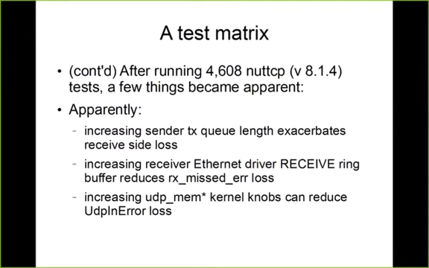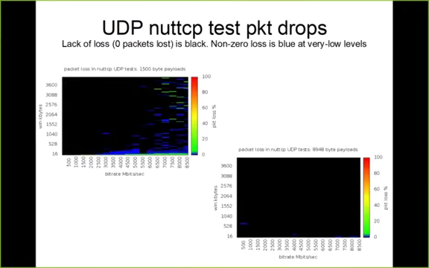Increasing the receiver Ethernet driver receive ring buffer reduces RX miss error loss, which is what the IXGBE driver calls it. And then increasing the UDP mem control knobs in the kernel can reduce the UDP in error loss. Those are actually the same buffers that you're manipulating when you ask NUTTCP for more buffer. You actually ask NUTTCP or iPerf for more window, but with UDP, calling it a window is a little bit of a misnomer.